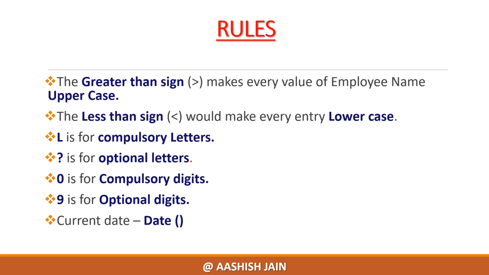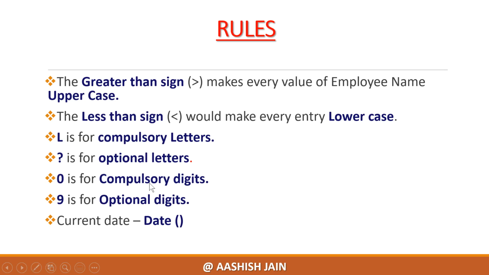Okay, next one is 0, which is for compulsory digits. These are for digits. That means if we want to put the contact number of any particular employee, usually there are 10 digits, and all the 10 digits will be compulsory, so we will put 10 times 0.